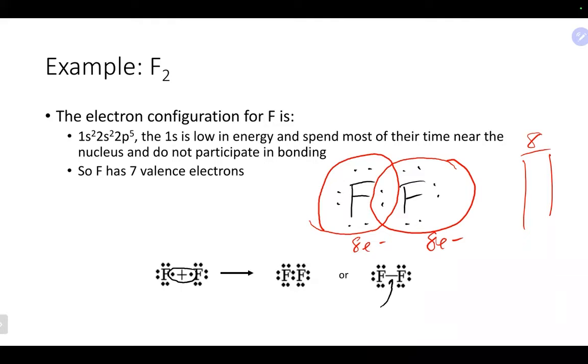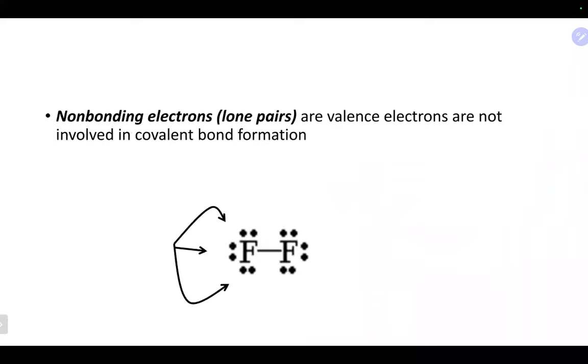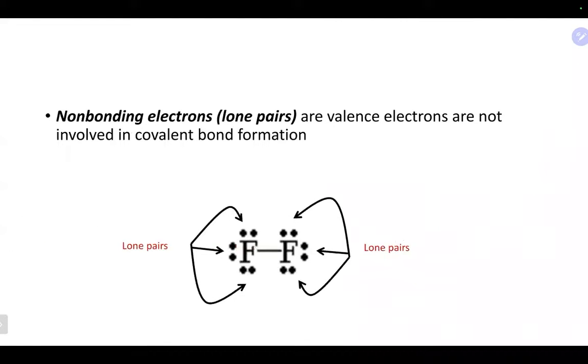Now, there are actually different types of electrons, and they're identified by what is happening with those electrons. Let's take a look at that here. All of the electrons represented by dots here are electrons that are not involved in bonding. I know they're not involved in bonding because there is no letter on the other side of the dots.